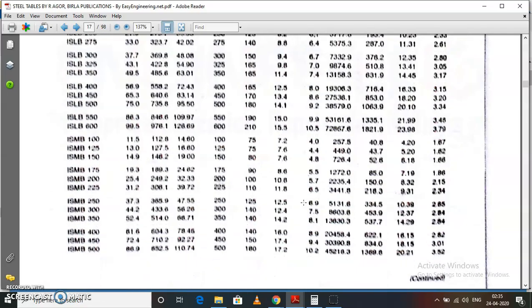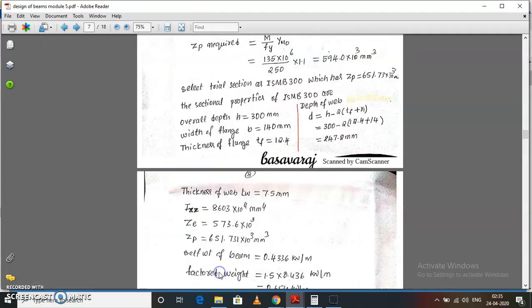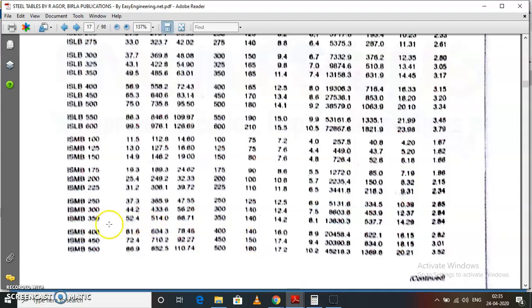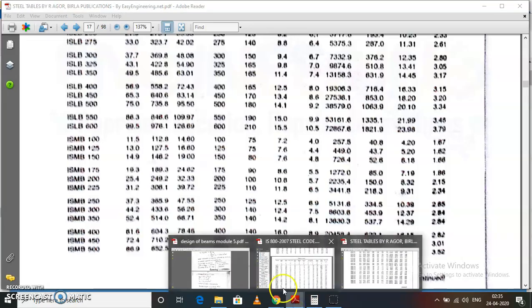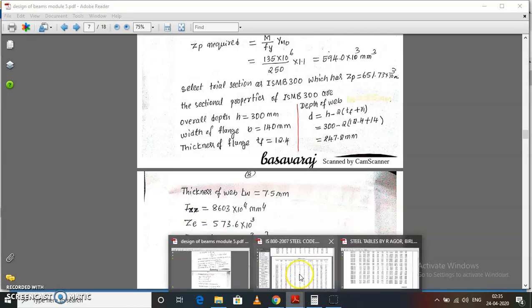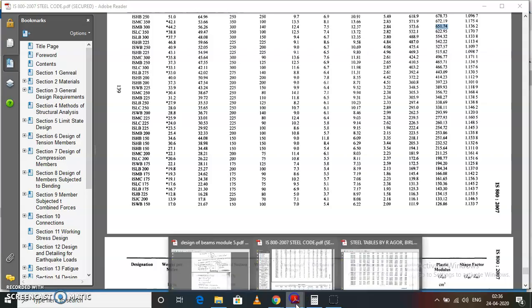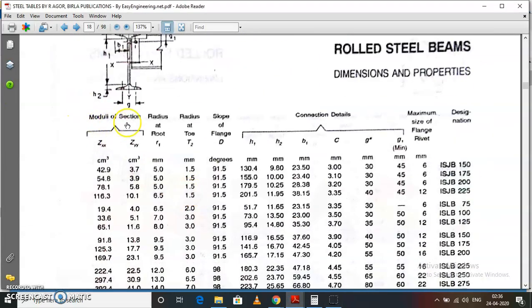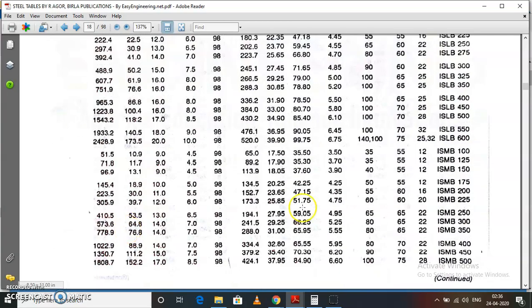Moment of inertia 8603.6 into 10 power 4 mm to the power 4. Elastic section modulus you can see from the steel table. Here it is 573.6 for ISMB 300.